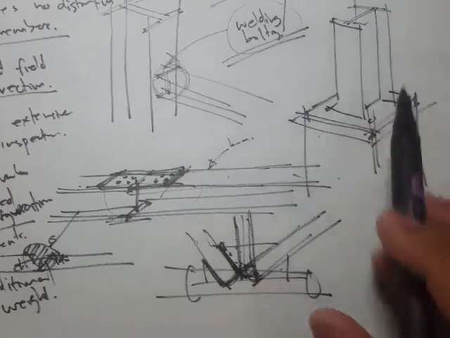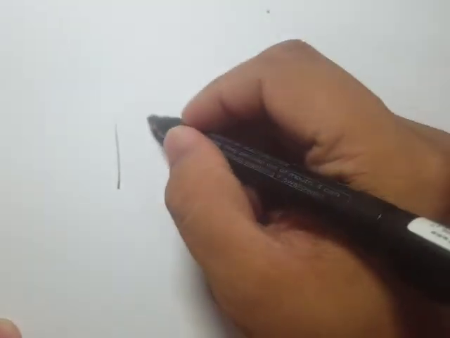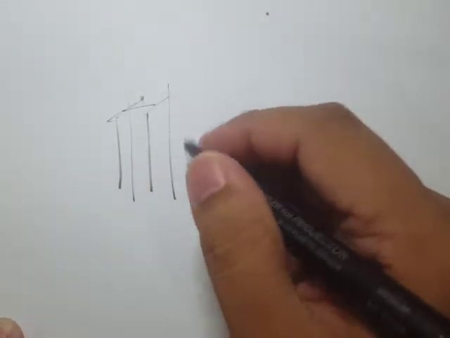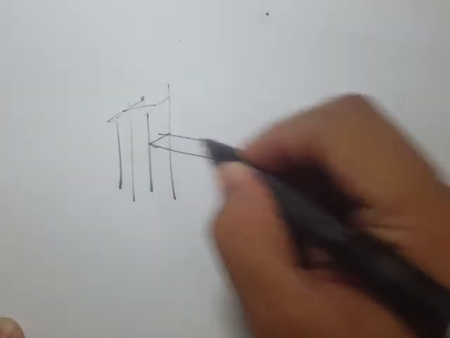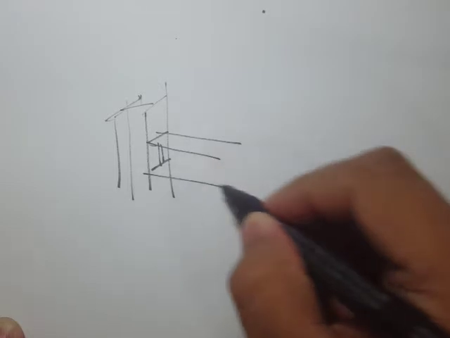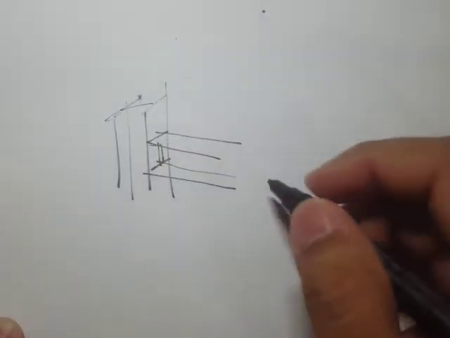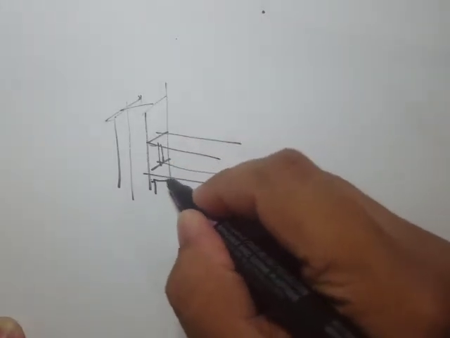I'd also like to point out that in these connections, either welded or bolted, if we are trying to connect a beam to a column, there are still other parts that come into play, like the flange seats over here.